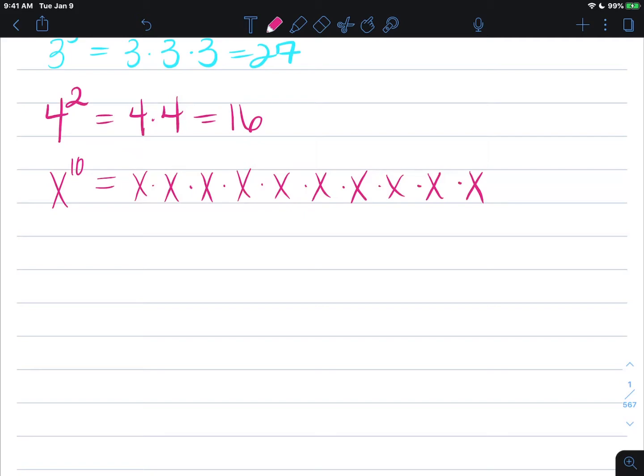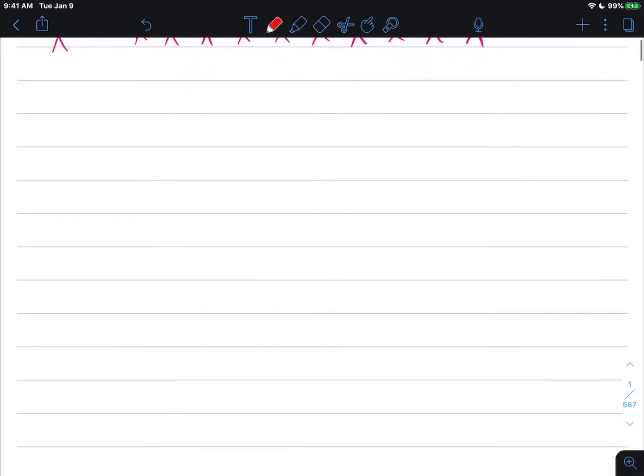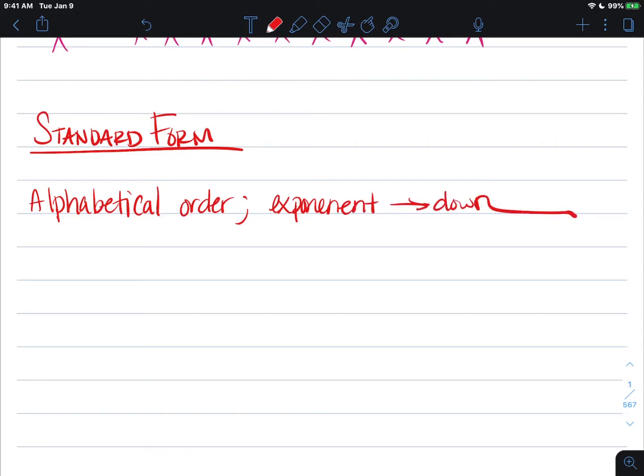Now, based on those exponents, there's also something called standard form of an equation. While of course there are specialized versions of this for different things, most of the time it's going to be in alphabetical order, and the exponents are going to go down.